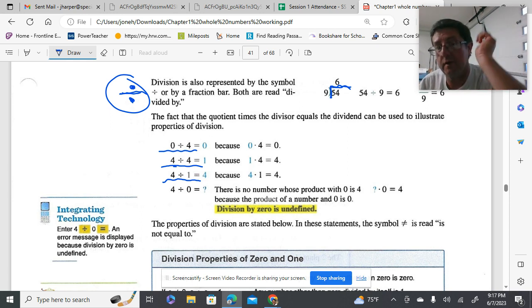And that is actually a way of creating a fraction. So if you want to put 4 into a fraction, you put it divided by 1, because that's going to equal 4. Okay, so 4 divided by 0, it says it is undefined, because you can't divide something up into 0 pieces.